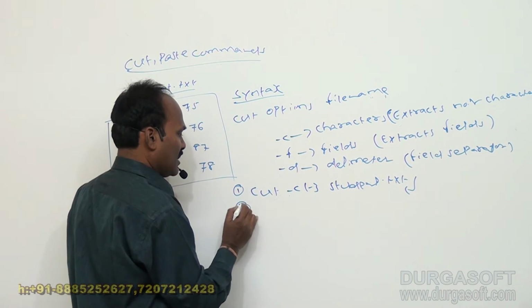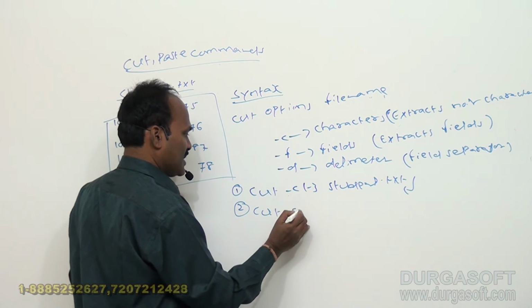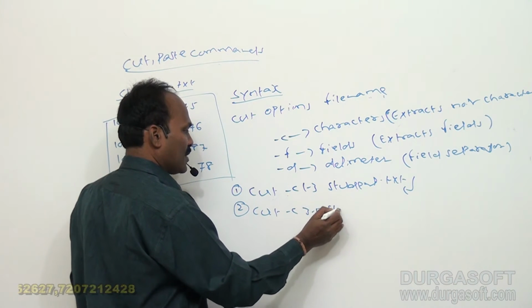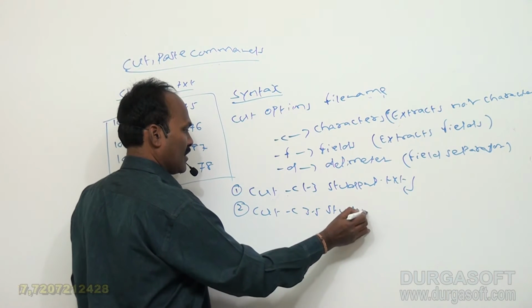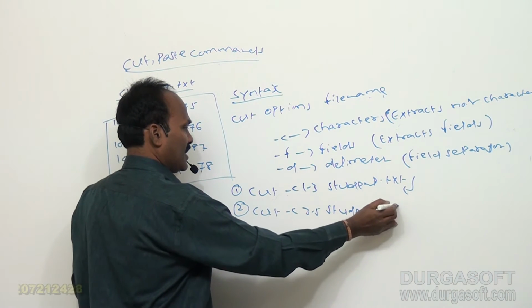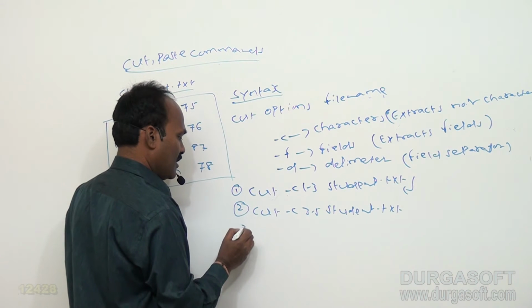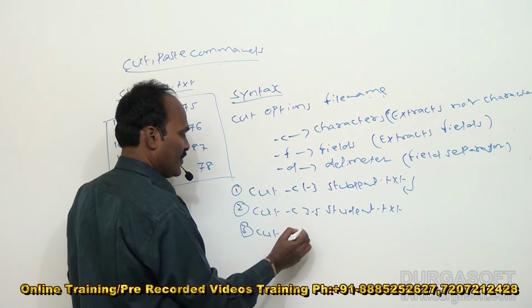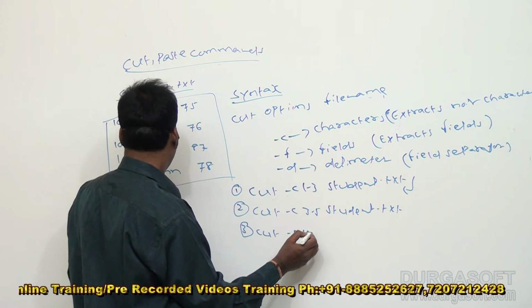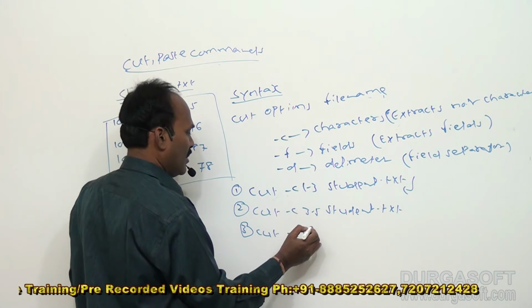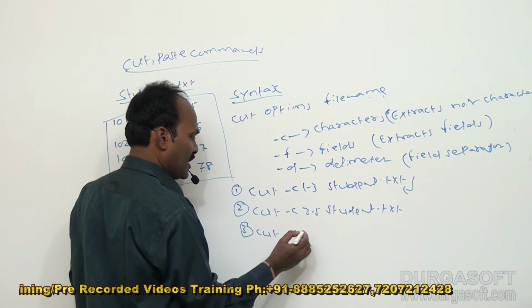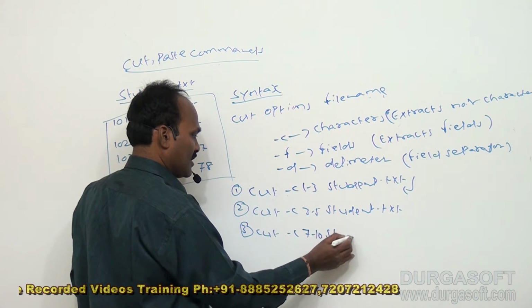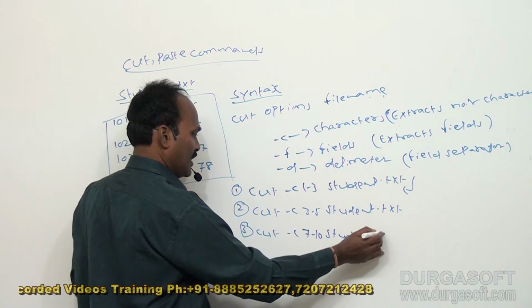The second example is cut -c 3 to 5 student.txt. Another example, cut -c 7 to 10 student.txt.